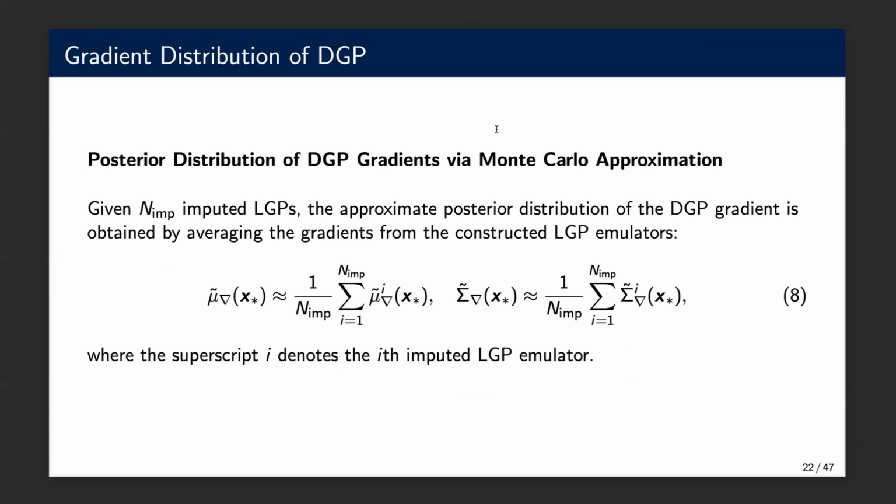Yeah, and as we did for the DGP from the linked GP to deep GP before, we also compute the ensembles of each linked GP, imputed linked GP, to form the approximation of the DGP gradients' posterior distribution.